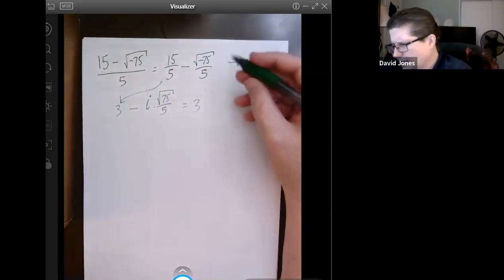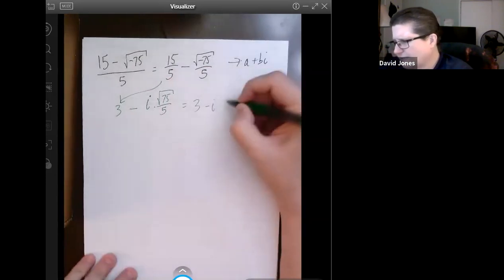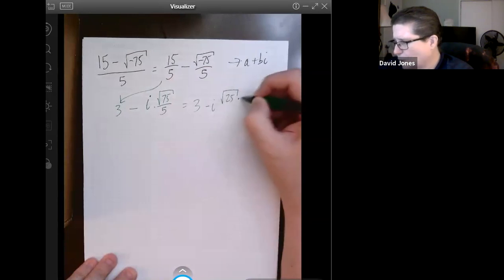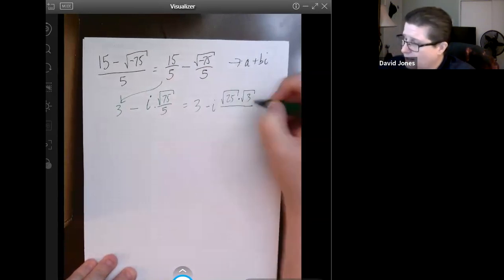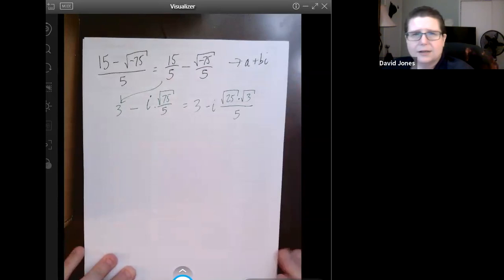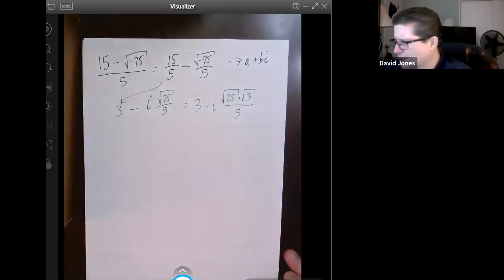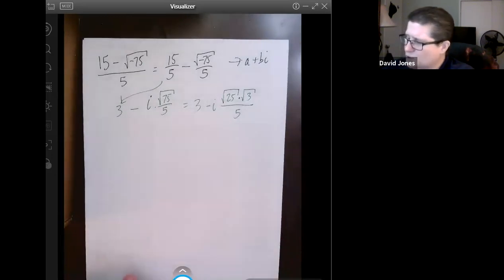And let's see, 75 is 25 times 3. That's like three quarters, right? Everyone knows money. So I'm going to break up that 75 into 25 times 3, make it two radicals, because the square root of 25 is 5.